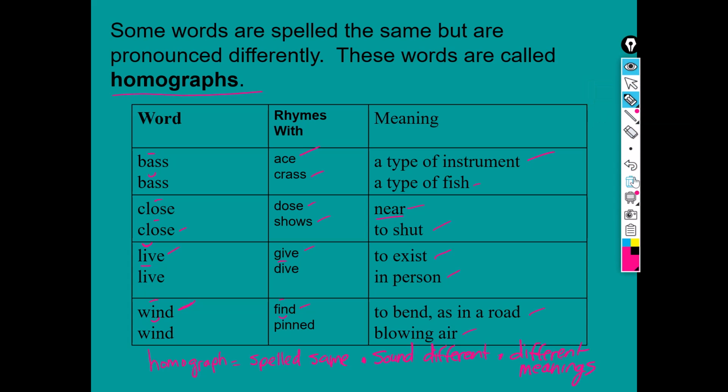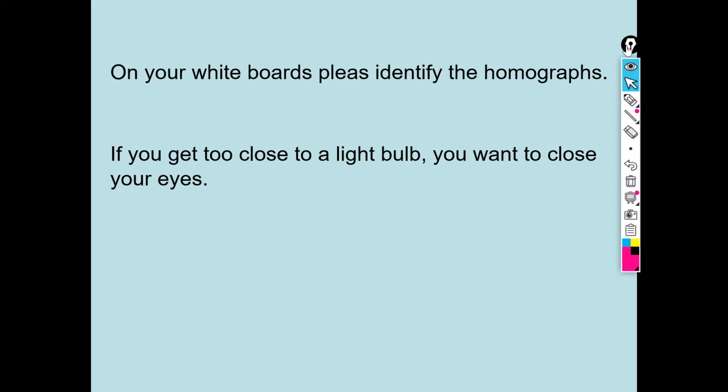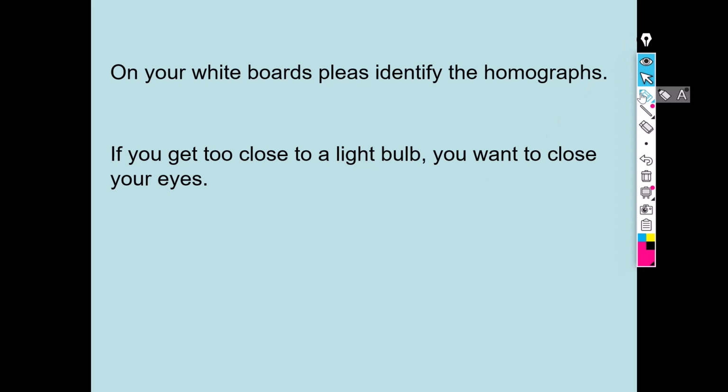Let's take a look-see and see if you can find the homograph. If you get too close to a light bulb, you want to close your eyes. Yep, close, as in near.